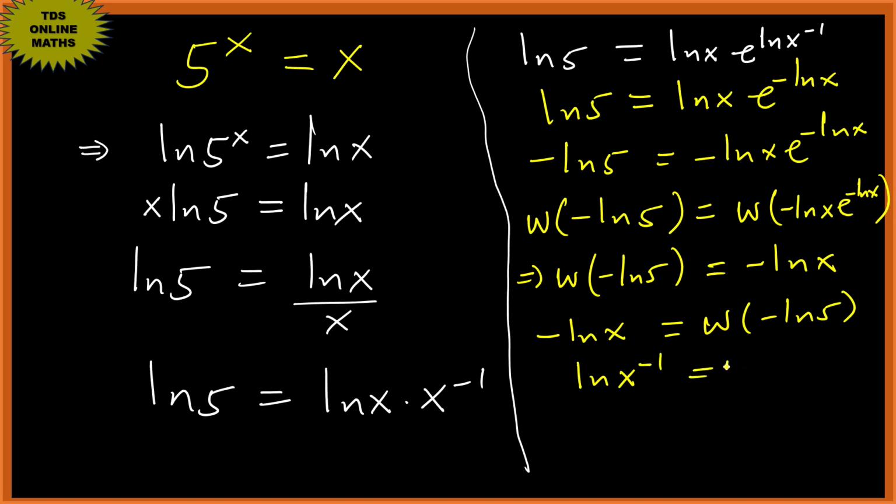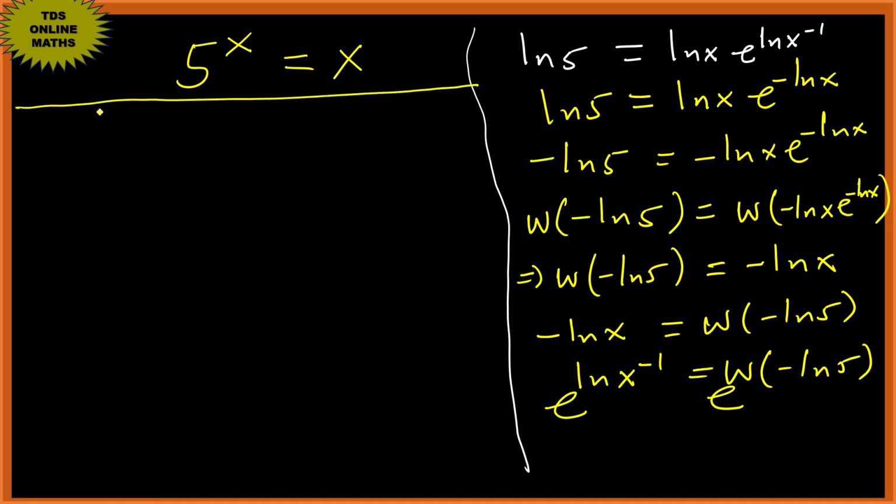So we have W of negative ln of 5. Let's raise both sides with e so that the ln will vanish. So e raised to ln of that is the same as x to the power minus 1, and we have e raised to the W function of negative ln of 5.